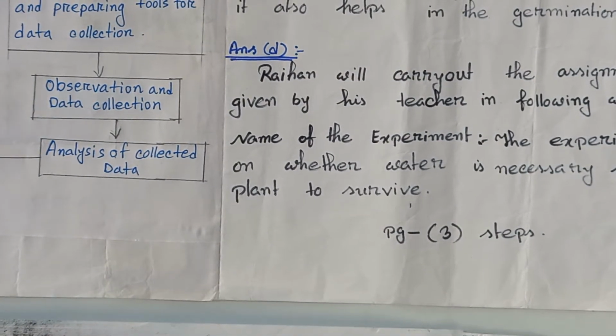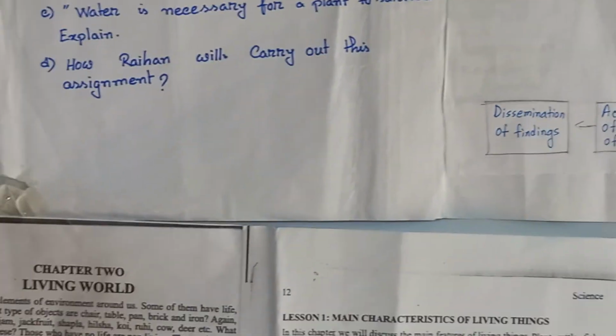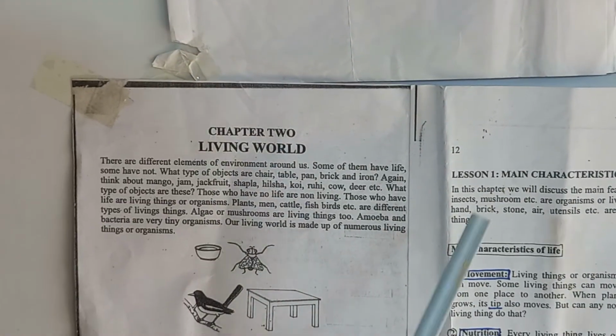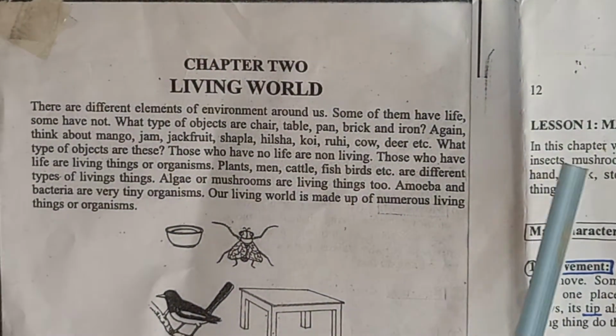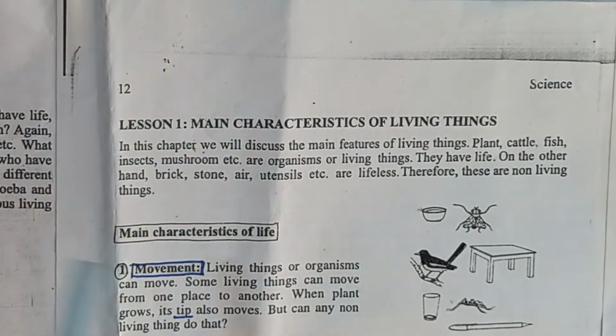Students, now we will read this chapter. This is chapter 2, and the name of this chapter is Living World. And here is page number 12. In page number 12, here is lesson 1, main characteristics of living things.